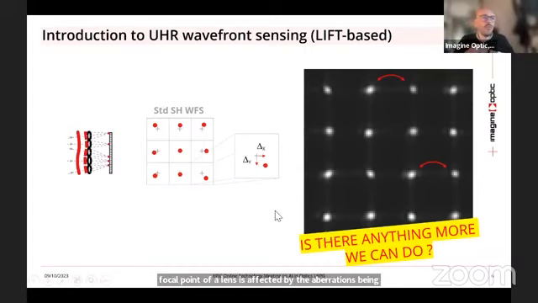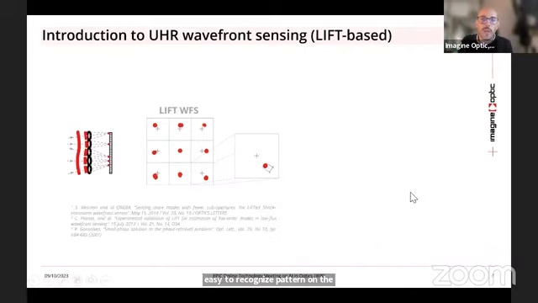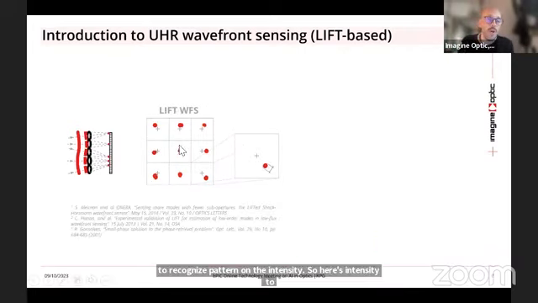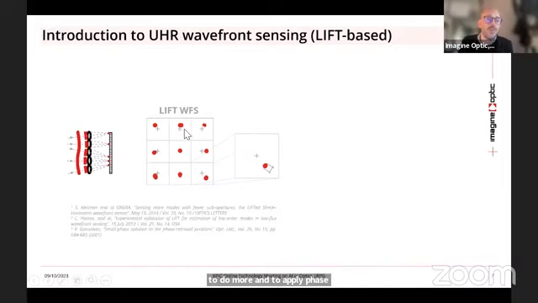If you have astigmatism, for example, the focal point is going to be something like a line. If you have coma, you also have a very easy to recognize pattern on the intensity. So here is the idea: use the intensity to do more and to apply phase retrieval based on the intensity of each centroid.